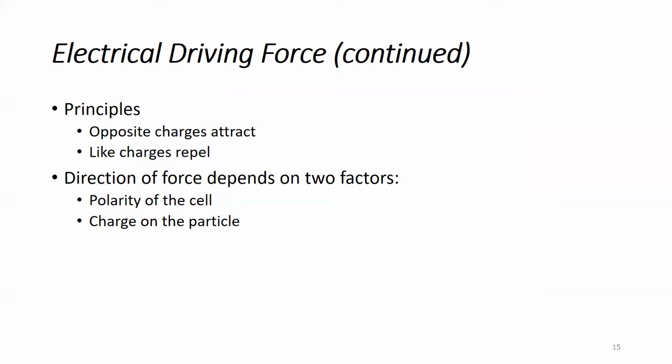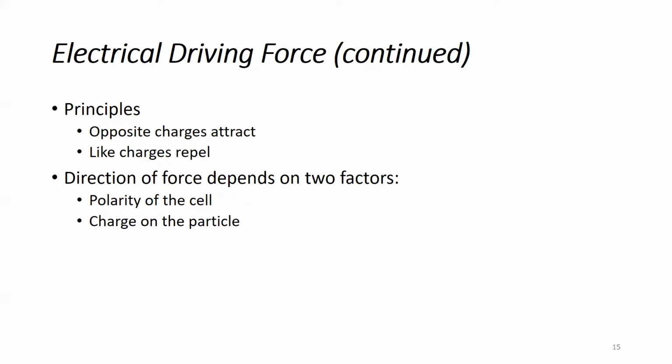So if you have more negative inside the cell, more positive outside the cell, there's going to be a force that wants to move across the membrane to go to the opposite charge. Whereas if you had positive inside and outside the cell, nothing would want to move. There would be no electrical force here. Okay, that's the importance of having ions in different concentrations, in different charges across the membrane to generate that energy, to generate that differential charge.